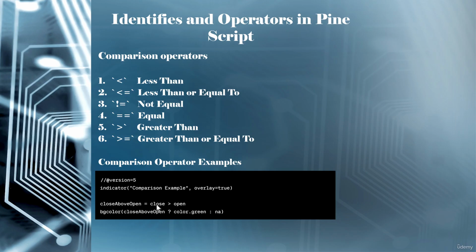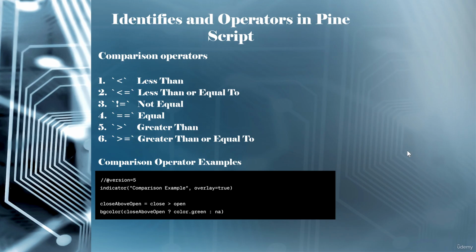So if close is bigger than open, then the value of true will be assigned to the close above open variable. Otherwise, the value of false will be assigned to the close above open variable. This is an example of how a comparison operator is used.